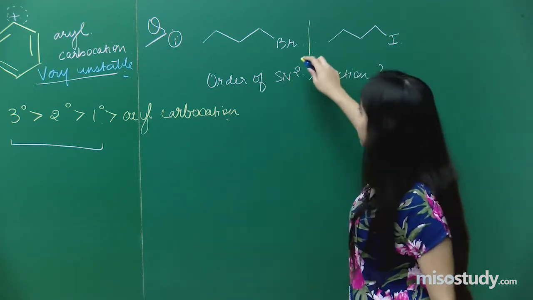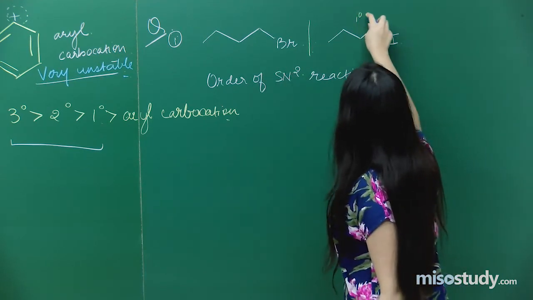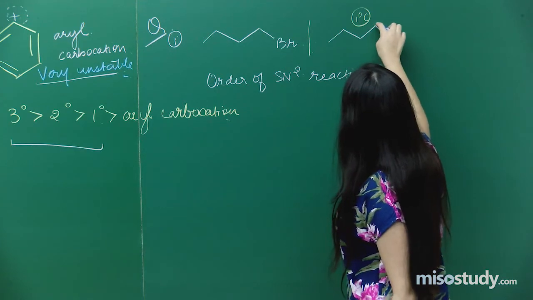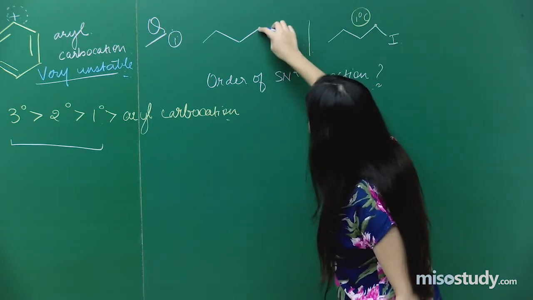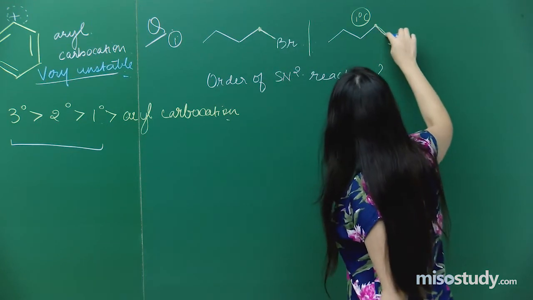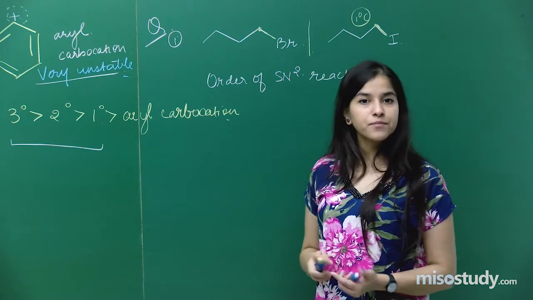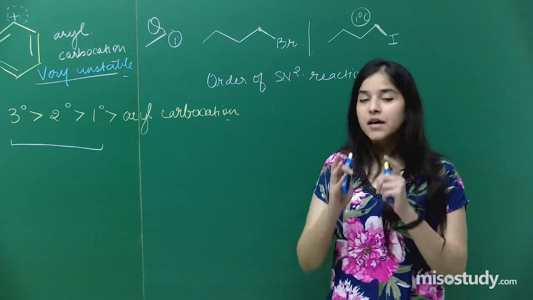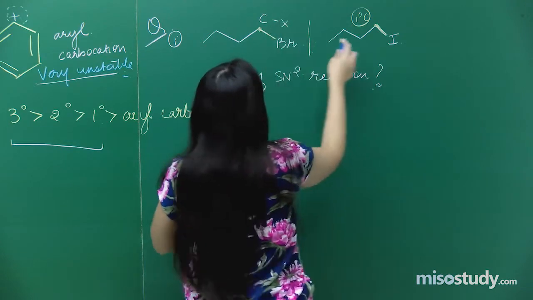So due to that, I infer that these 2 are nothing but primary carbons. I am talking about this particular carbon which is directly attached to the halogen. Why am I talking about only this particular carbon? Because I am considering the C-X bond, right?